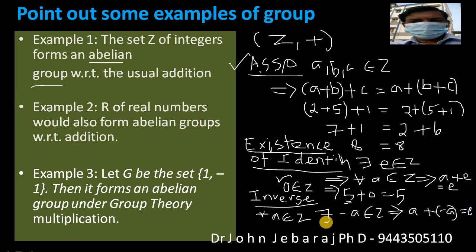Yes, for each and every integer, we have a negative integer like that. If you add this and this, definitely we'll get the identity element. Here the identity element is what? 0 is the identity element.